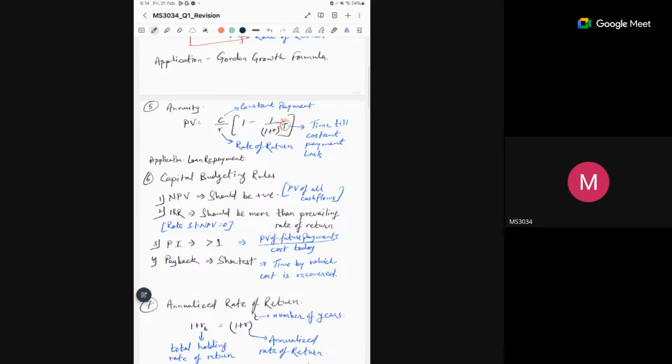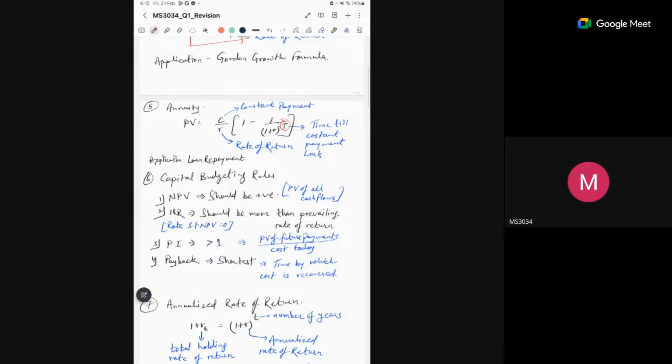These annuities are used in loan repayment, or in day-to-day life we hear about EMI calculation. In that concept, this annuity formula is being used, and I will be taking one such example today.